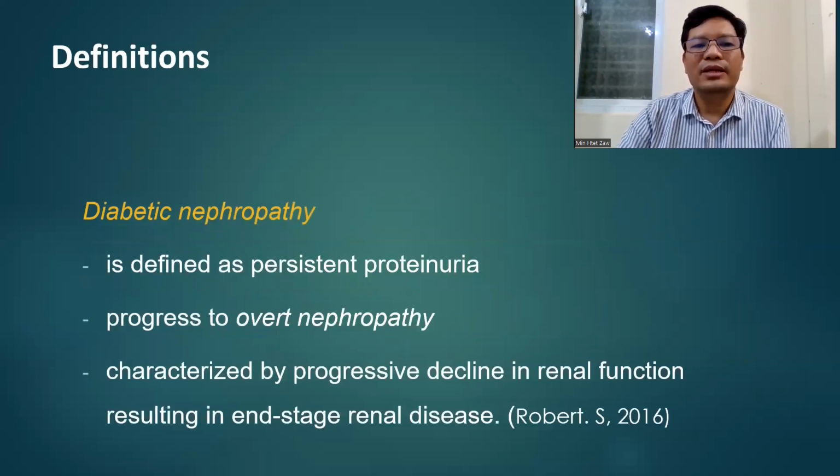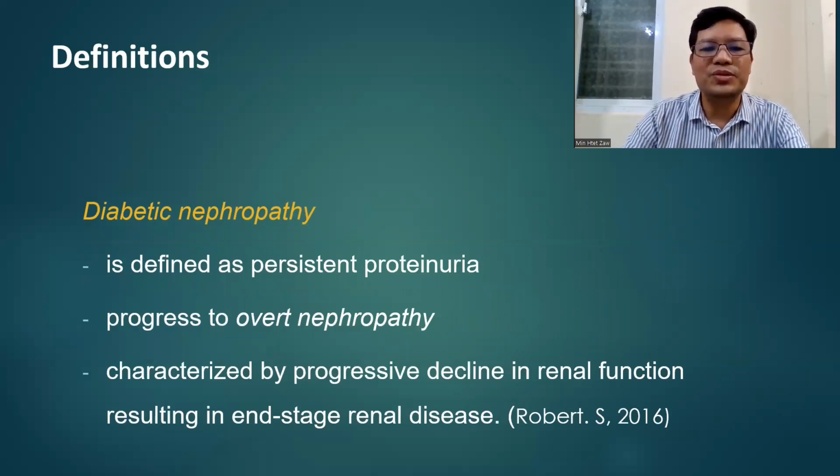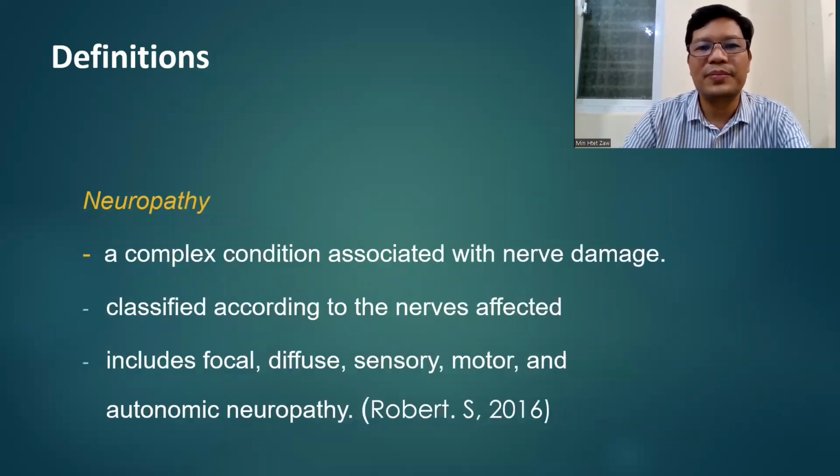And diabetic nephropathy is defined as persistent proteinuria. It can progress to overt nephropathy. It is characterized by progressive decline in renal function resulting in end-stage renal diseases. Neuropathy is a complex condition associated with nerve damage. It can be classified according to the nerves affected. It includes focal, diffuse, sensory, motor, and autonomic neuropathies.